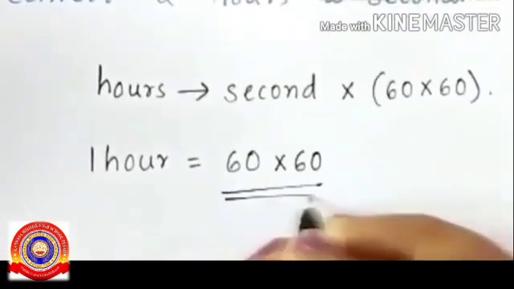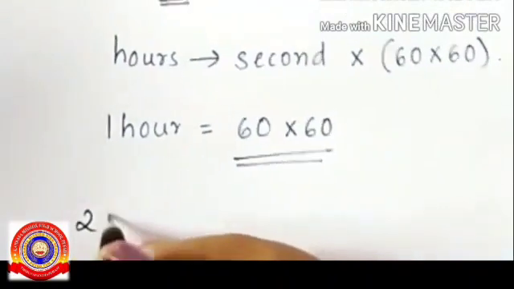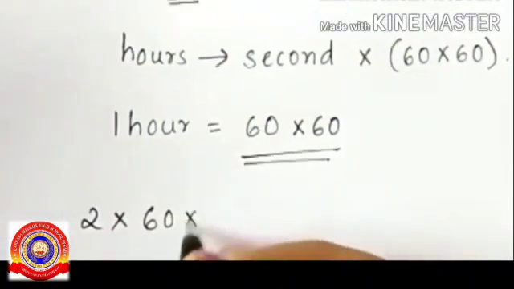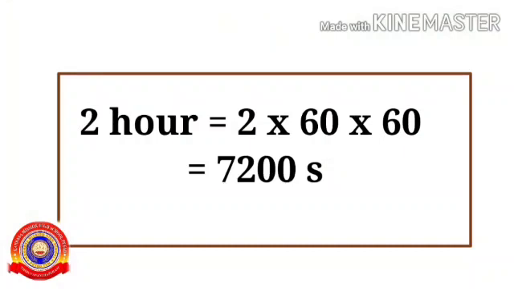So 60 is multiplied twice. The value we have is 2. 2 into 60 into 60. While multiplying these numbers, you got 7200 seconds. Remember, the final unit is second.